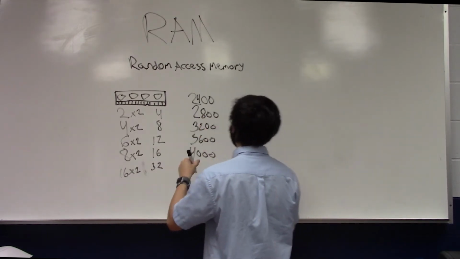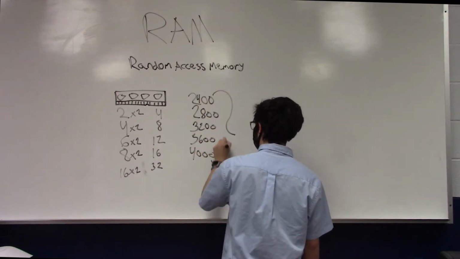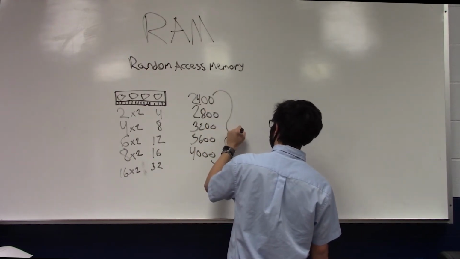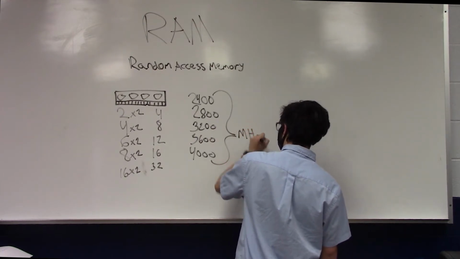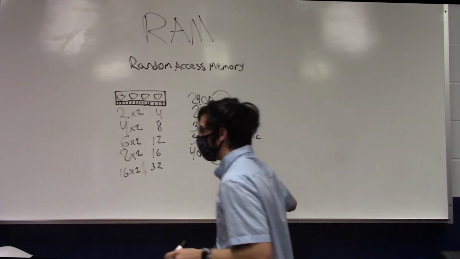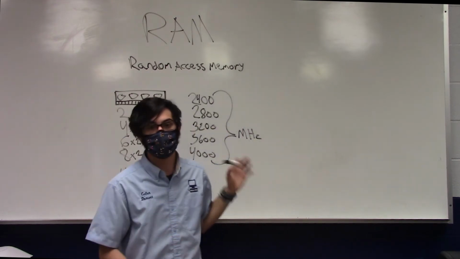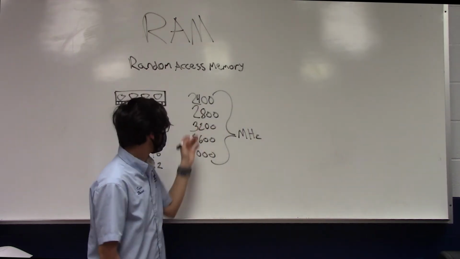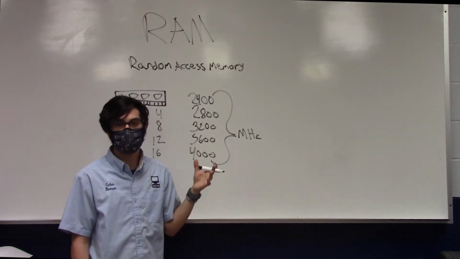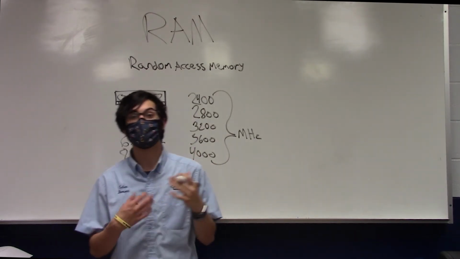And these are all clocked in megahertz. A very simple way of explaining this is the higher the speed, the better it is, but also the more expensive it gets.